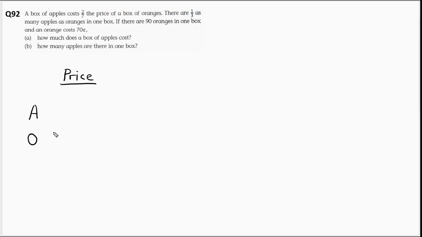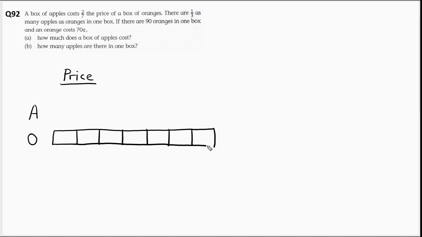Because we're comparing the apples to the oranges and dividing, it's the oranges that we've divided into sevenths. I'm going to draw a bar for the oranges, and that would be 1, 2, 3, 4, 5, 6, 7. I draw it this way because it's much easier to draw the divisions in and then the box around rather than the bar and then try to divide it.